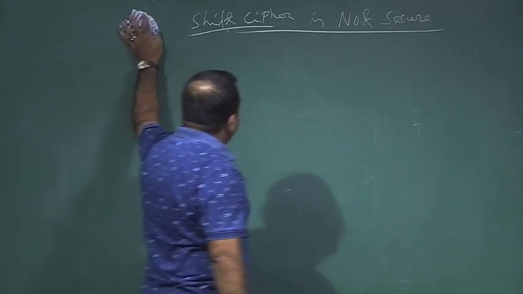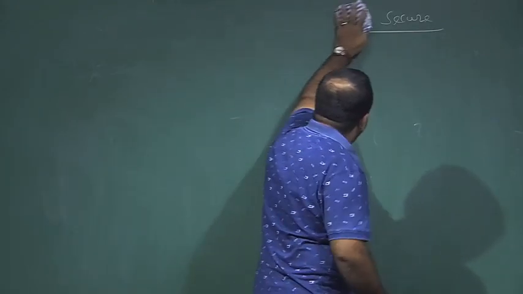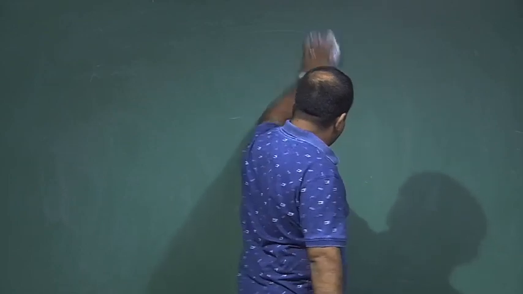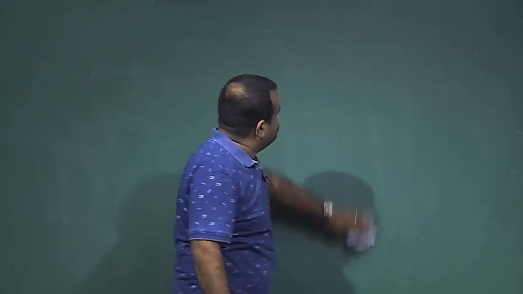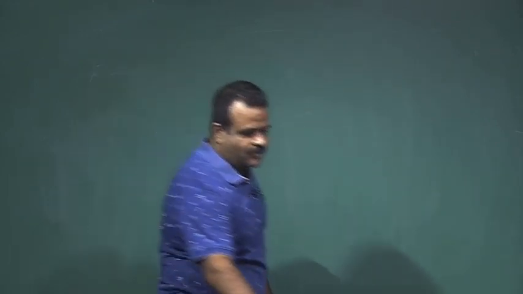Now we will talk about something with more key space. This is also a classical crypto system, which is called the substitution cipher.